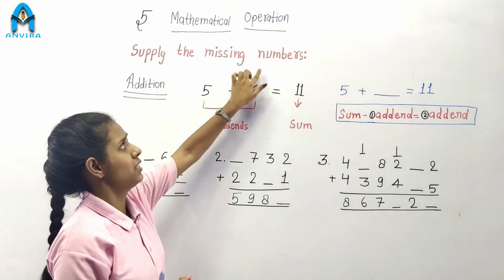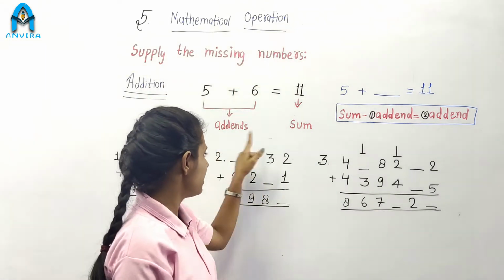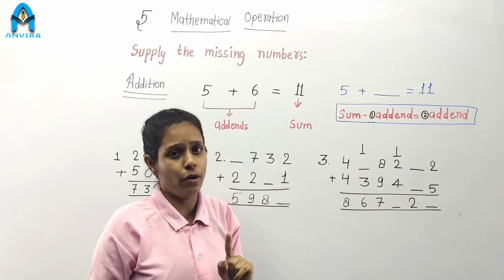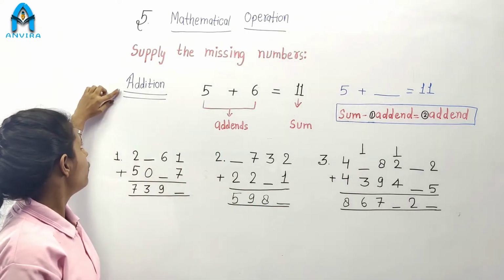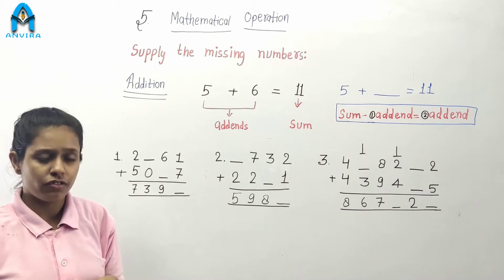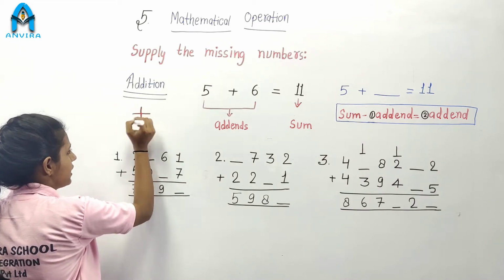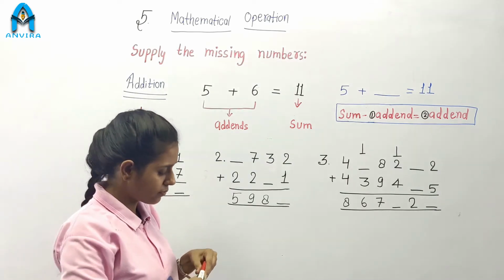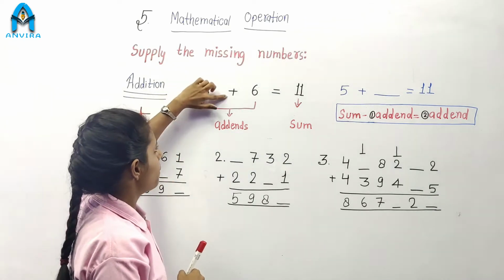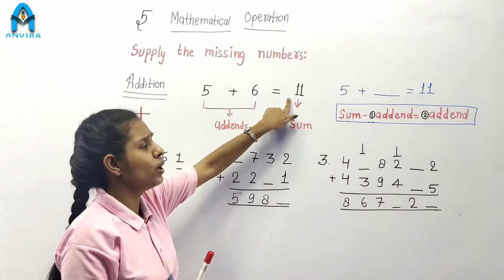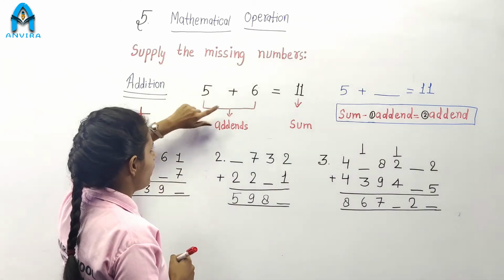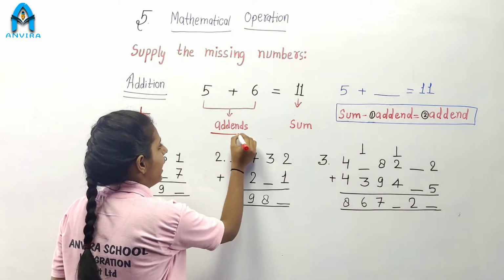Supply the missing number. We have to supply the missing number in all operations. Just like this. First we are doing addition. Sign of addition is like this. This is sign of addition. 5 plus 6 is equal to 11. 5 and 6, they are called addends.